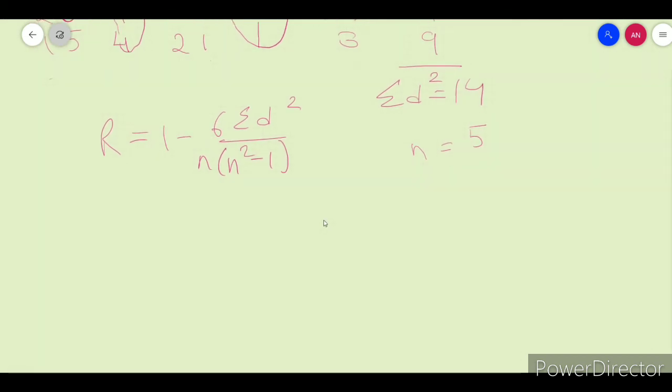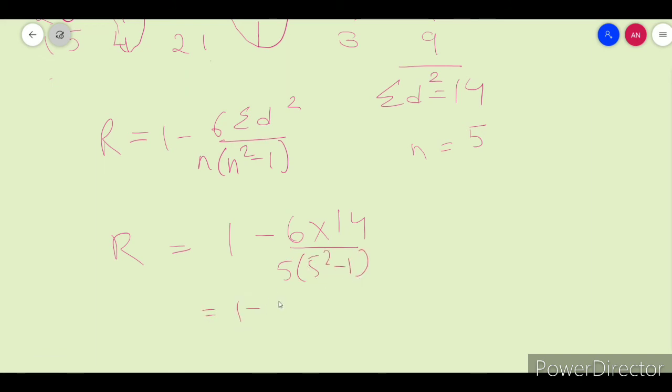Where R is equal to 1 minus 6 into 14 over 5 square minus 1.